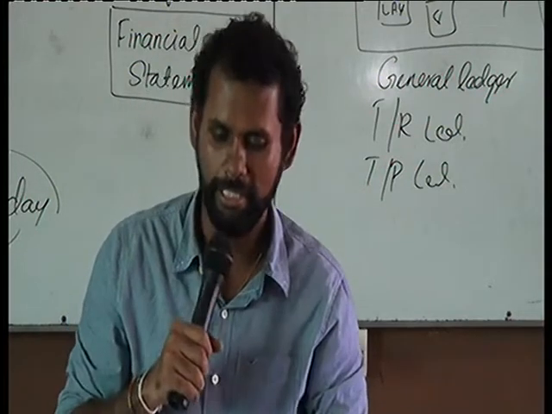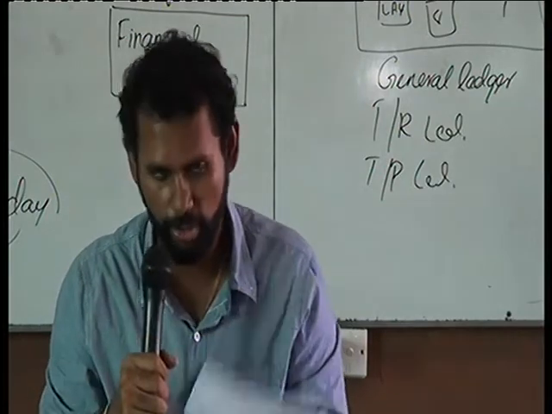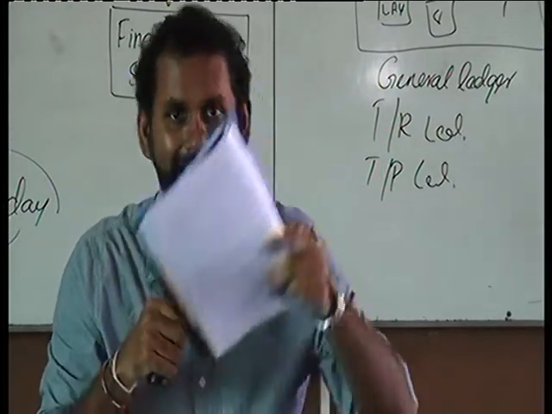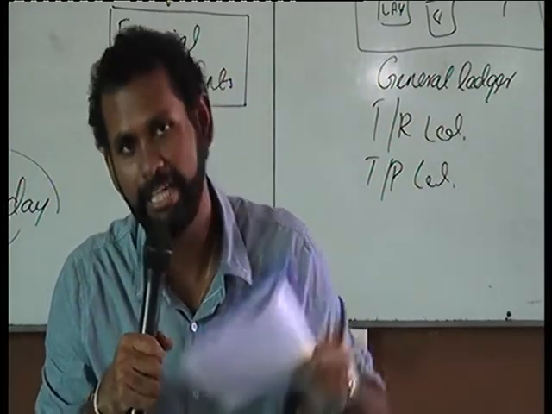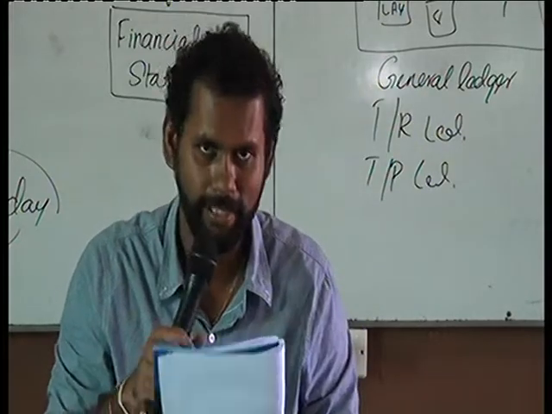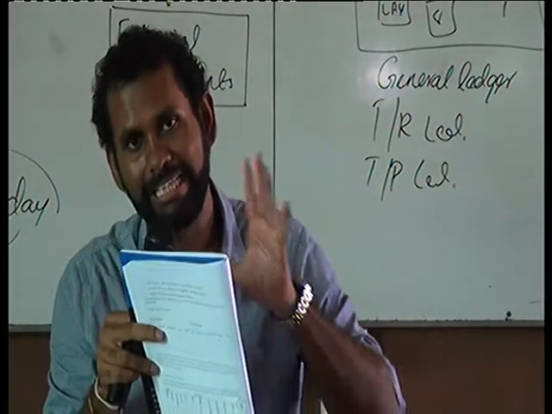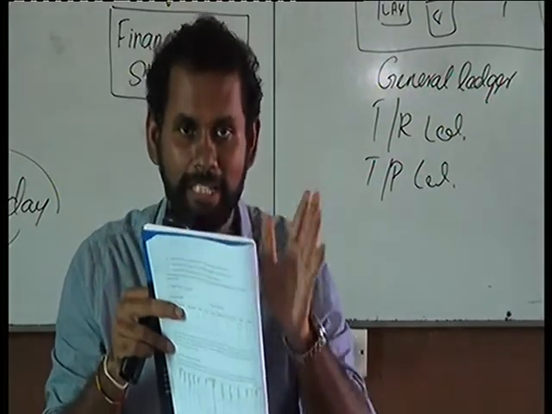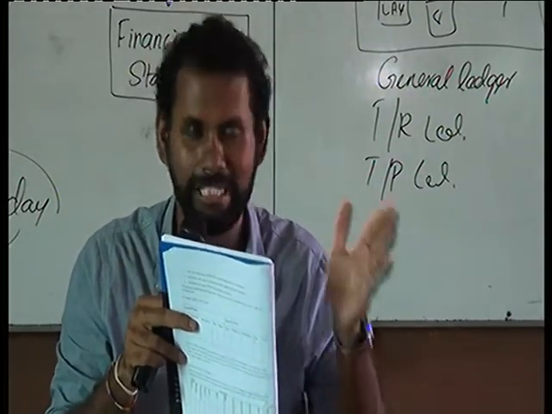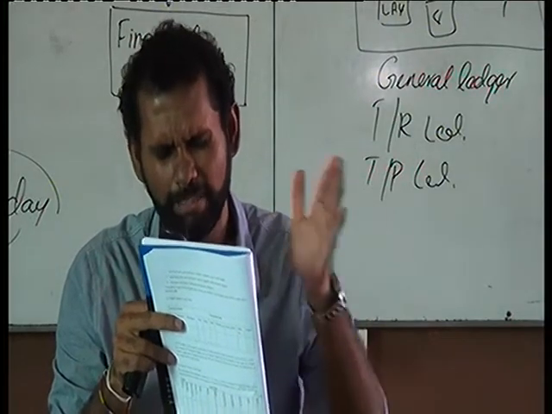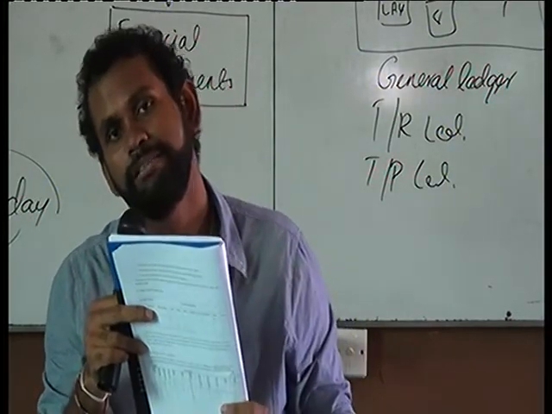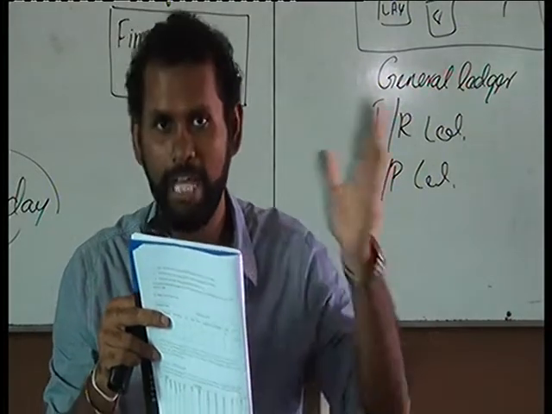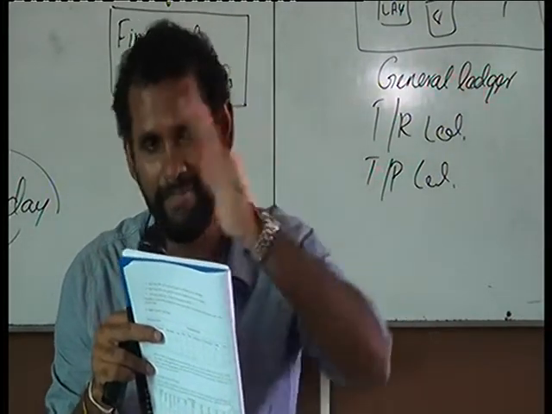Generally, if it's a receipt, it is an increase in the asset, so it will be a debit entry. Unlike the other prime entry books, the cash book acts as both a day book as well as a general ledger account. Therefore, we have two sides, the debit side and the credit side.